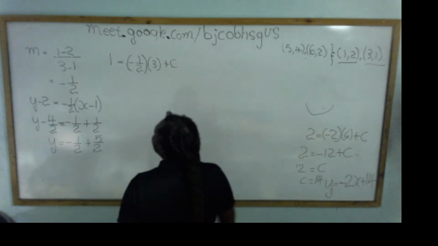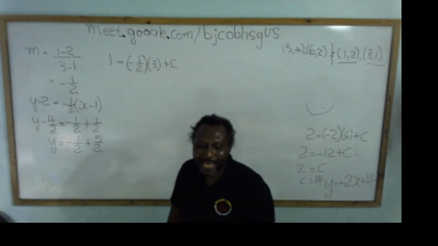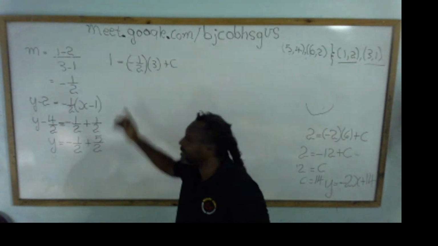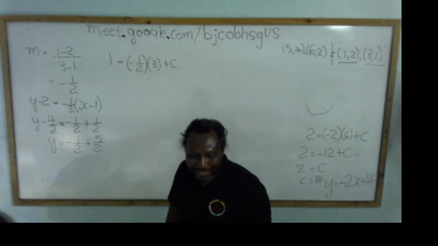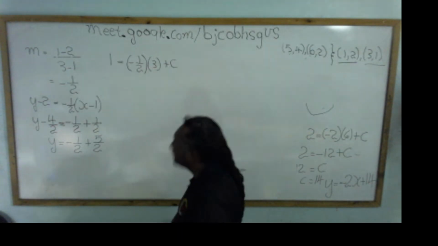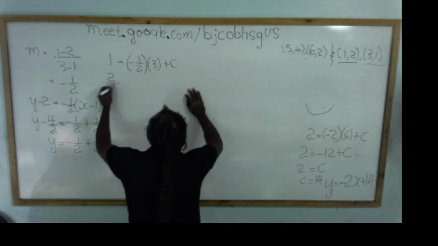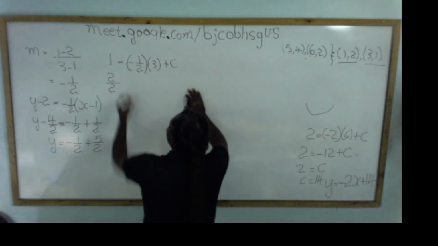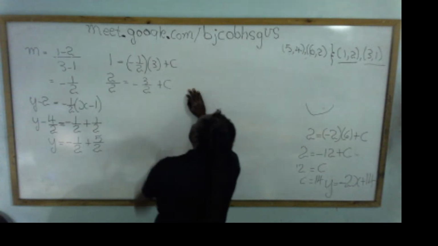And of course, students, because we're going to be operating in halves, we can convert that to halves also. So 1 is 2 halves, right? Instead of 1, we put 2 over 2. And that's equal to negative 3 over 2 plus c.